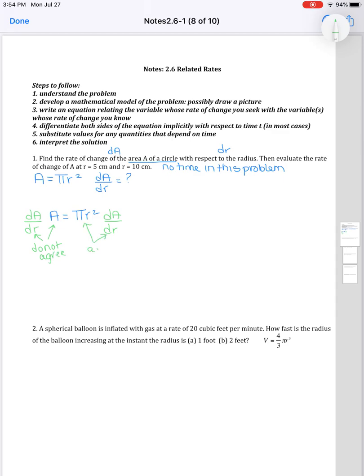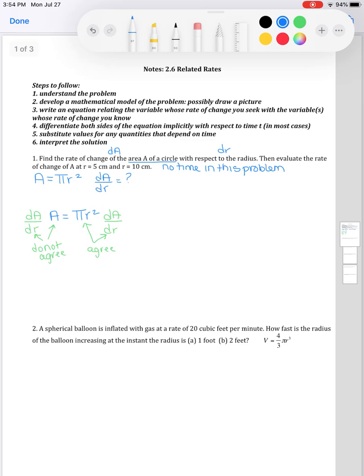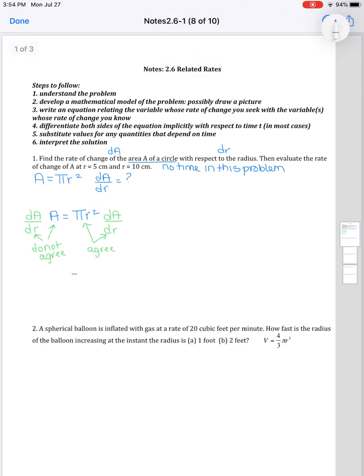Okay, so what we're going to do is take the derivative of both sides. Now, it's with respect to the radius. So I'm going to take my area formula, and then take the derivative dA over dr of both sides. And I'm going to check, do the variables agree?